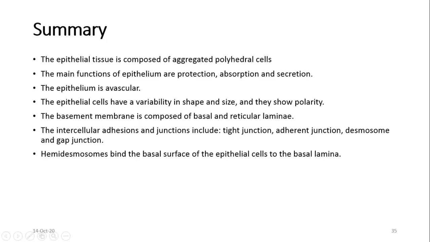The basement membrane is composed of basal and reticular laminae. The intercellular adhesions and junctions include tight junction, adherent junction, desmosome, and gap junction. Hemidesmosomes bind the basal surface of the epithelial cells to the basal lamina. So this lecture for today has ended. See you.